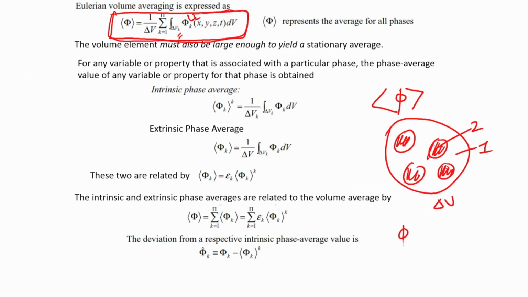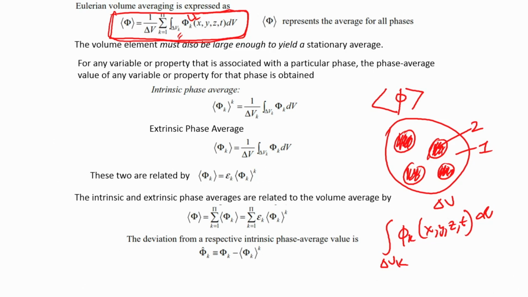So, this phi k of x, y, z comma t dV, integrated over this delta V k, basically means that you are averaging out the quantities in each of those elemental phases. That is the most important part of this.